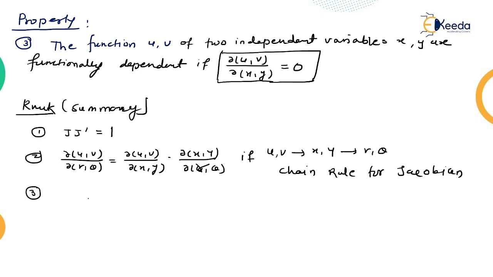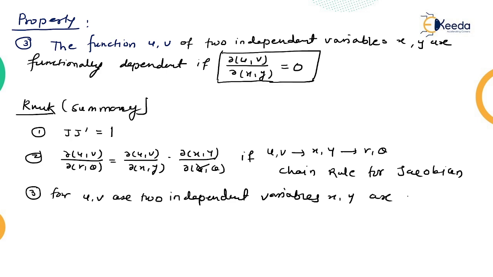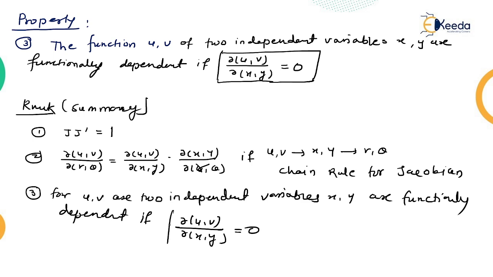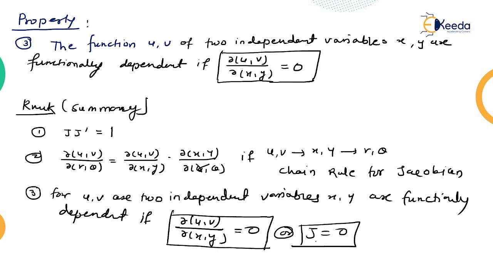If u and v, functions of two independent variables x and y, are functionally dependent, there is a result: ∂(u,v)/∂(x,y) equals 0. You just have to satisfy that this Jacobian equals 0, then we say u and v are functionally dependent.